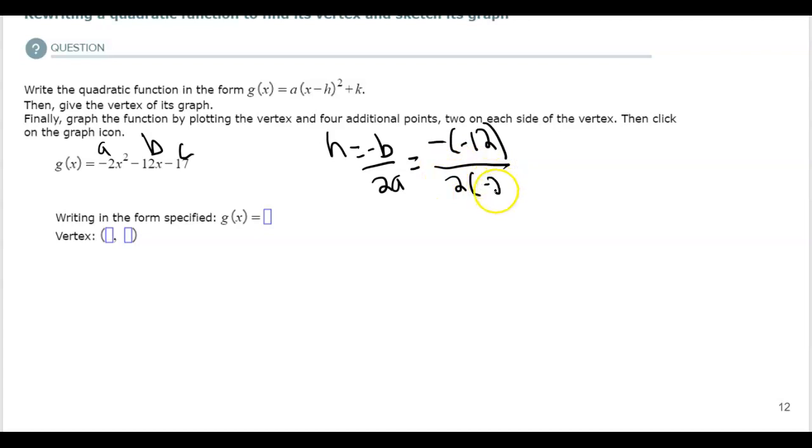Two times a, sorry. That should be a negative 3.